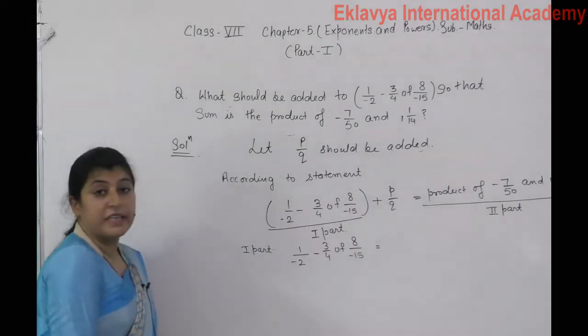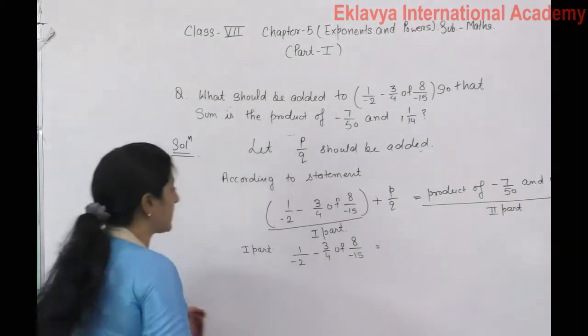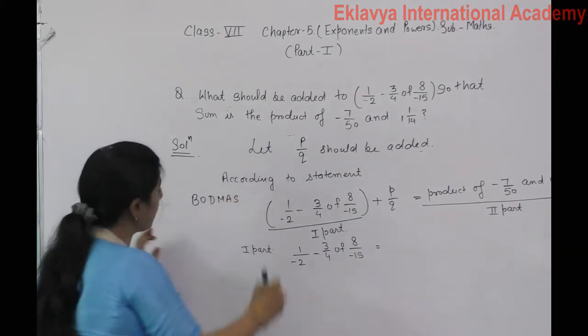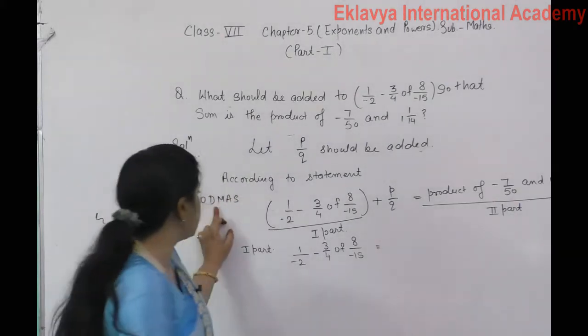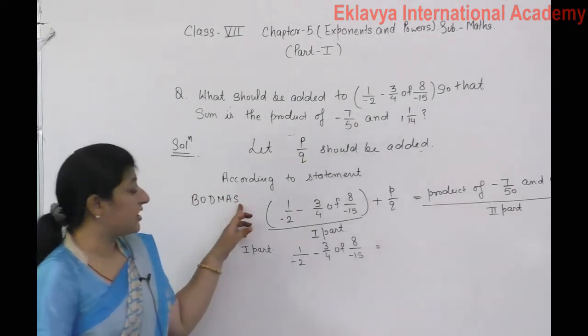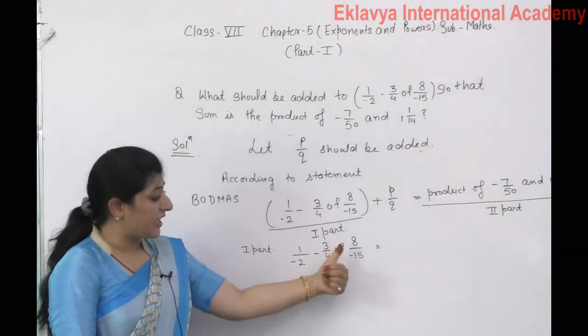How to solve it? In this type of question we will apply BODMAS. BODMAS means brackets, of, division, multiplication, then addition, subtraction. In this, there is subtraction and of here.